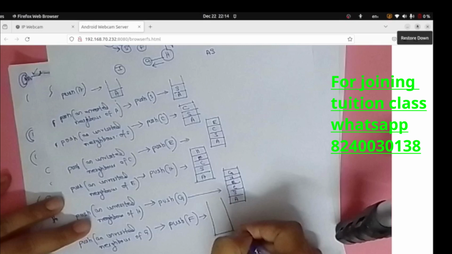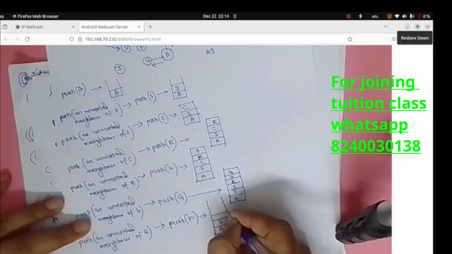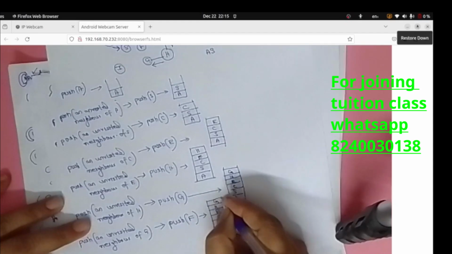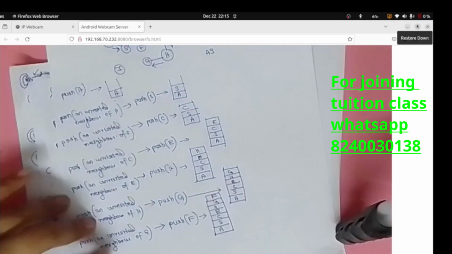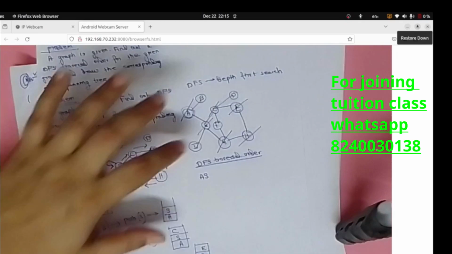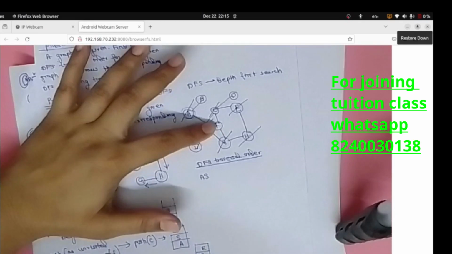So previously the stack content was A, C, E, H, G. Now F has been inserted. Now it is the topmost element. As the vertex F has been inserted into the stack, this vertex is visited and we mark it.